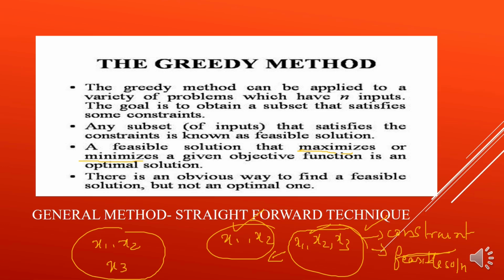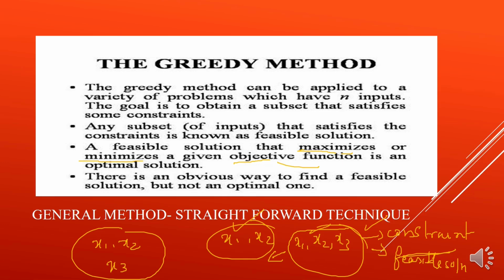For example, sometimes you can have several feasible solutions, and out of them you can take the best one based on your criteria. That criteria may be to maximize the profit or minimize the profit, anything. So if the objective function is to maximize, then you select the one that has given you the maximum profit.